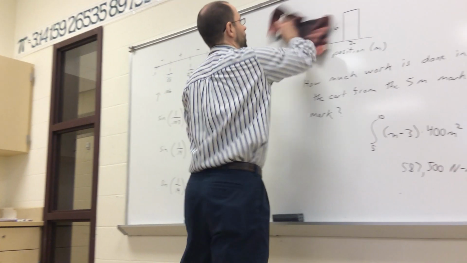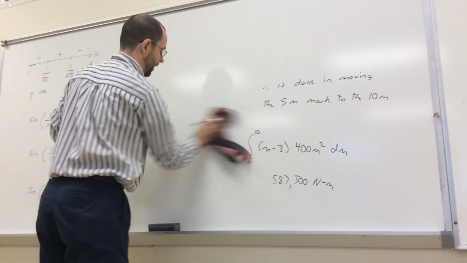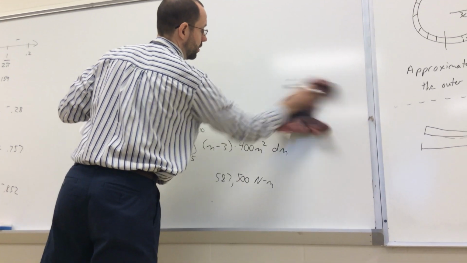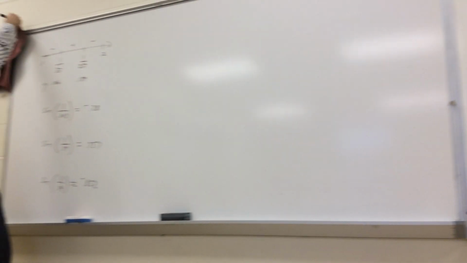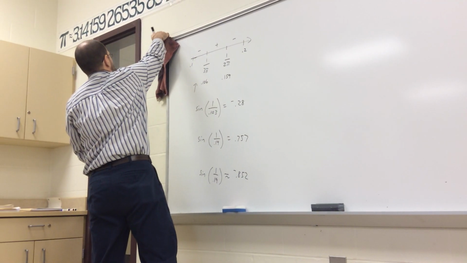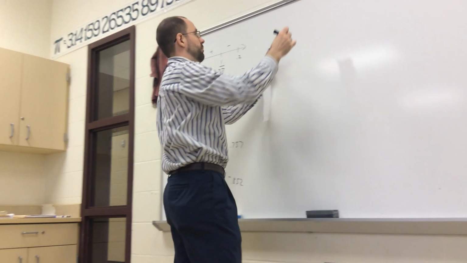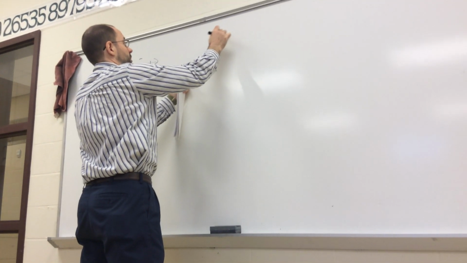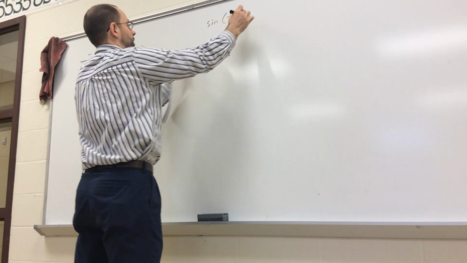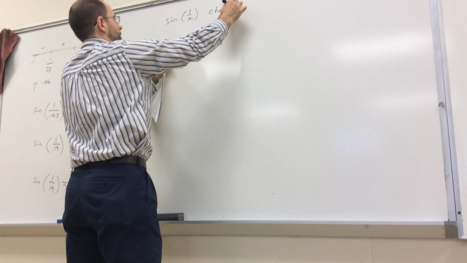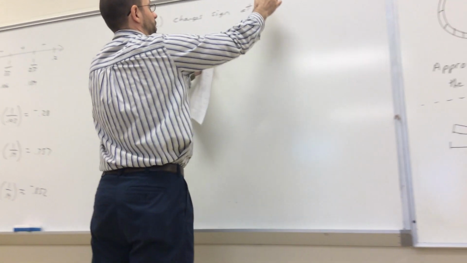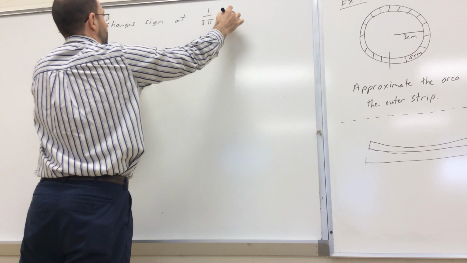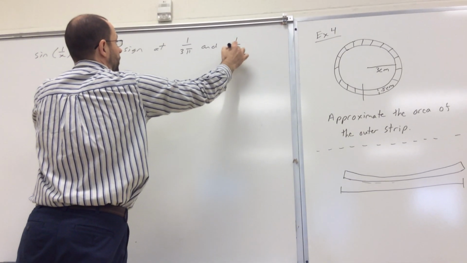Okay, so the quantity sine of 1 over x changes sign at 1 over 3 pi and 1 over 2 pi.